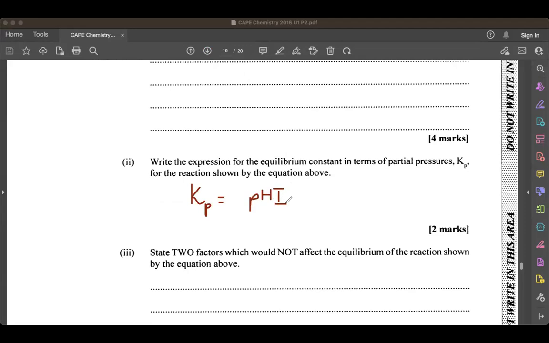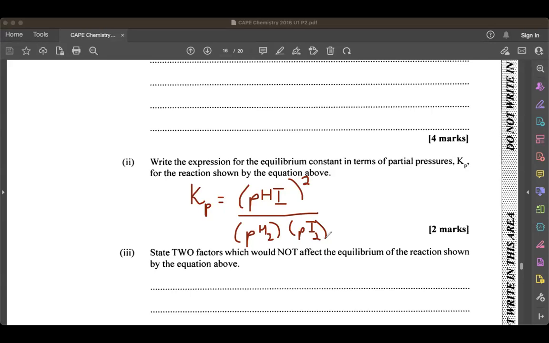And because there are 2 moles of it, we're just going to square its partial pressure at equilibrium, divided by the partial pressure of our H2 gas at equilibrium times the partial pressure of our I2 gas at equilibrium. Okay? So this is our equilibrium constant, or Kp, in terms of partial pressures. Okay? So that's that.